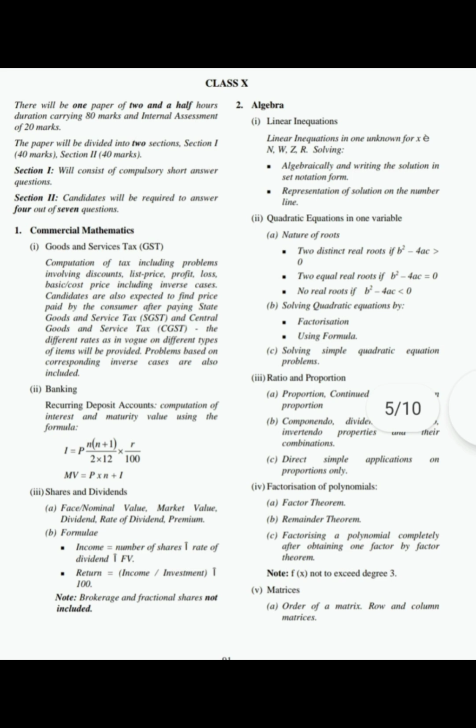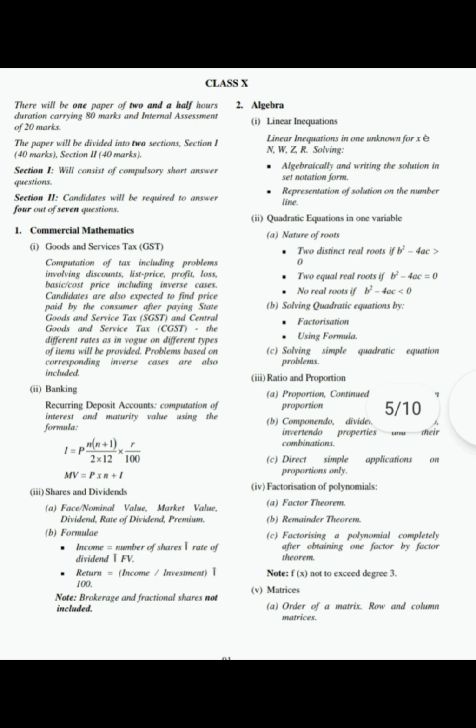You are also expected to find the price paid by the consumer after paying State Goods and Service Tax and Central Goods and Service Tax. The different rates as invoice of different types of items will be provided. Problems based on the corresponding inverse case are also included.